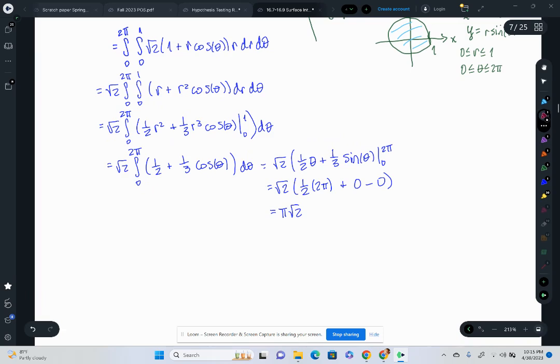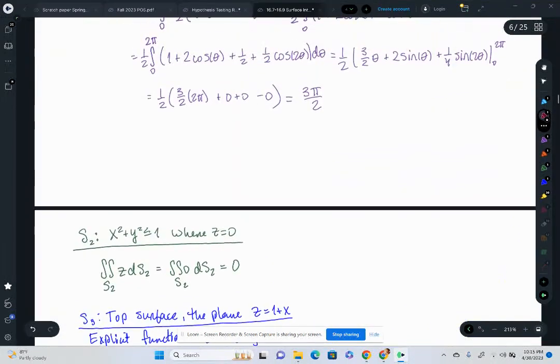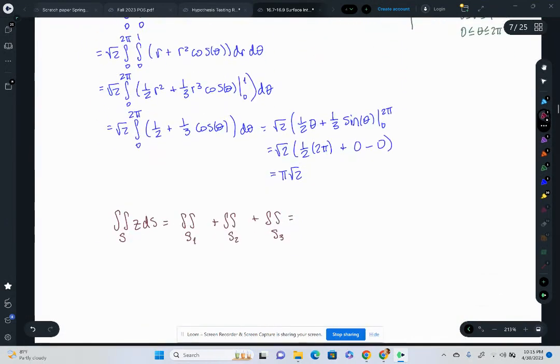The original integral was a double integral over S of z dS, and it is equal to the double integral over S1 plus the double integral over S2 plus the double integral over S3. From S1, we got 3 pi over 2.